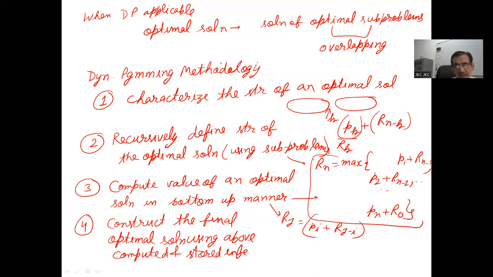Like we said that overall we were able to finally find Rn or each Rj, and also stored the cut values and cut positions, which is a part of the final result. So I could generate the full R array and the full C array. So that is overall the steps.